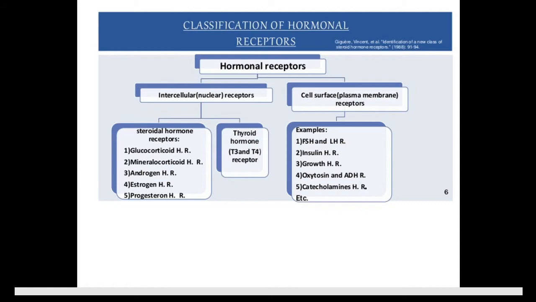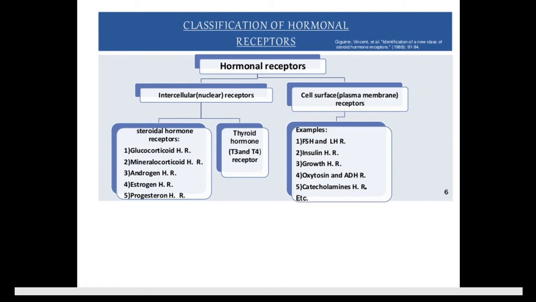Intracellular receptors are for steroid hormones and thyroid hormones. Another type is the plasma membrane receptors. The steroid receptors include glucocorticoids, mineralocorticosteroids, androgen, estrogen, progesterone. These are all steroid hormones. Another is thyroid hormones: T3 receptor and T4 receptor.